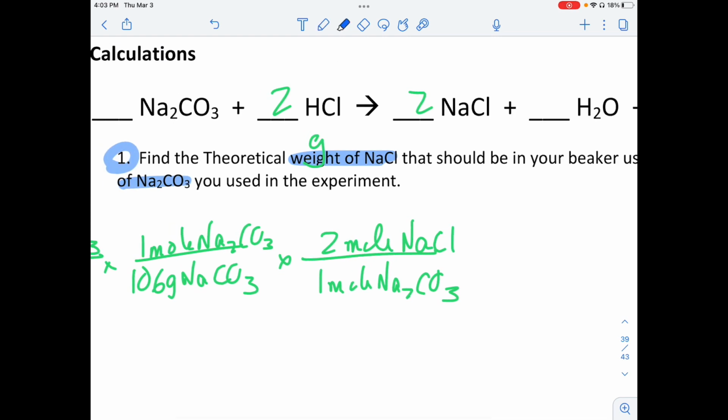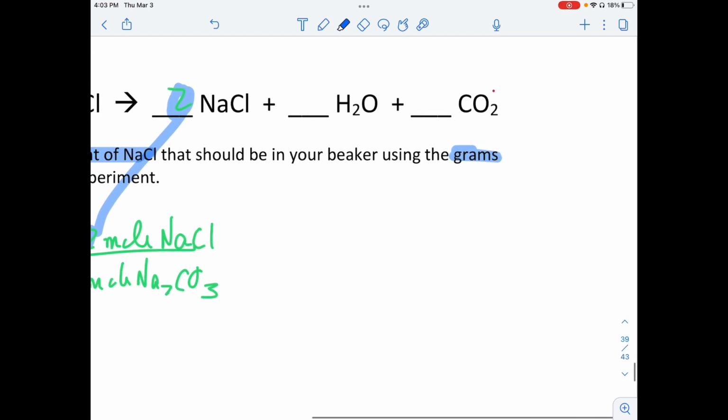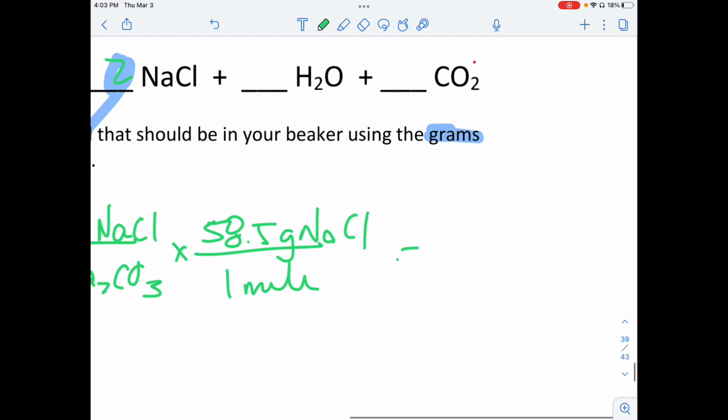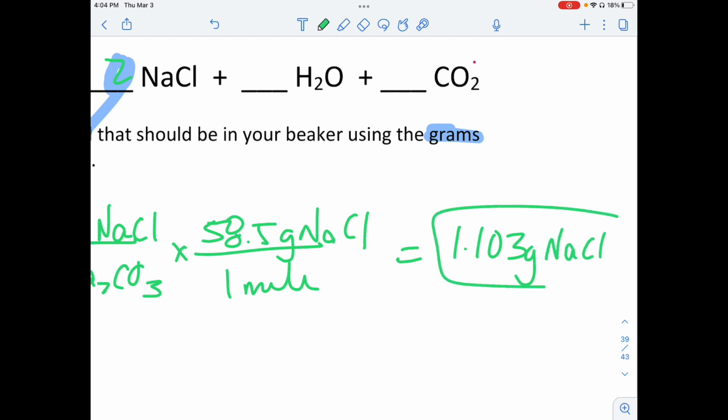And these are the numbers that I'm getting. NaCl's right here. Na2CO3 understood 1 right there. So I'm getting those two numbers from the balanced equation. And then I simply go to 58.5 grams of NaCl per 1 mole. It's the molar mass. I run all that, and I should get 1.103 grams of NaCl. Okay, so that's what I should get when I do this.